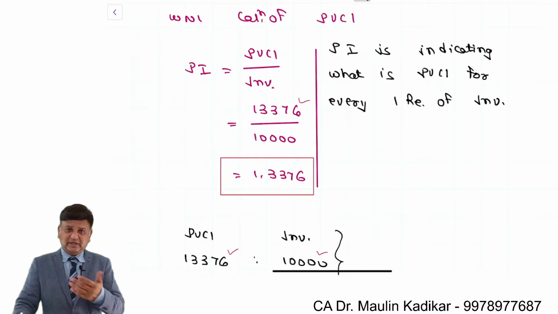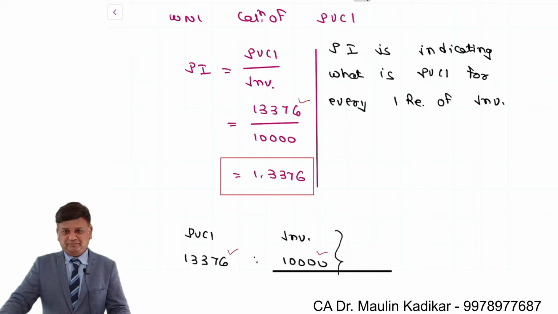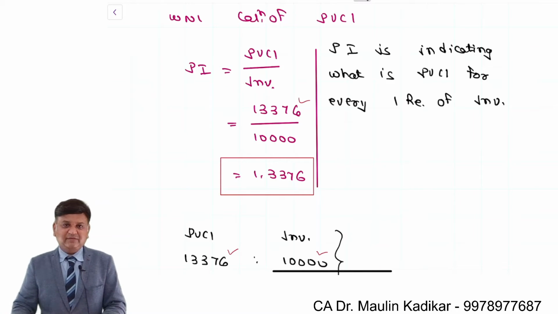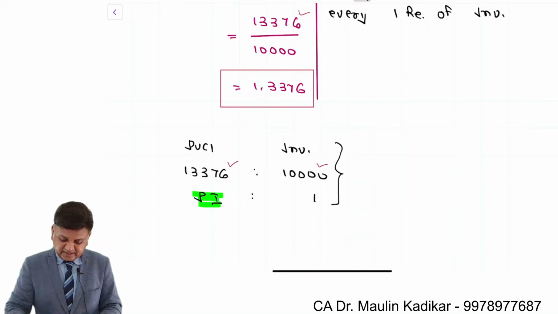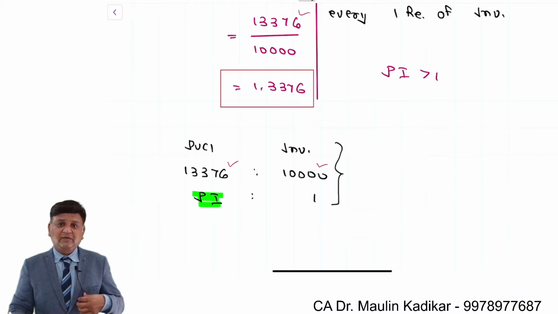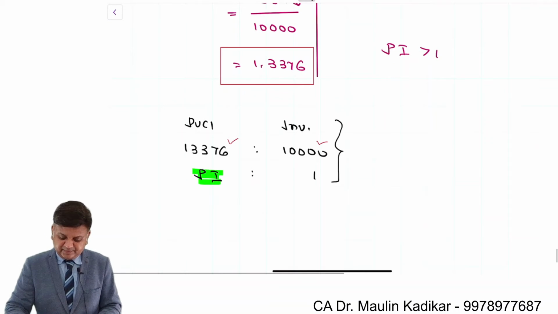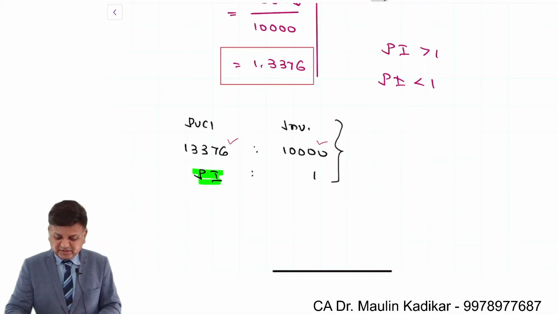My question to all of you is: based on the profitability index criteria, in which condition would the project be accepted? Everybody answered correctly: the project would be accepted if profitability index is greater than 1. If it is less than 1, the project is rejected.